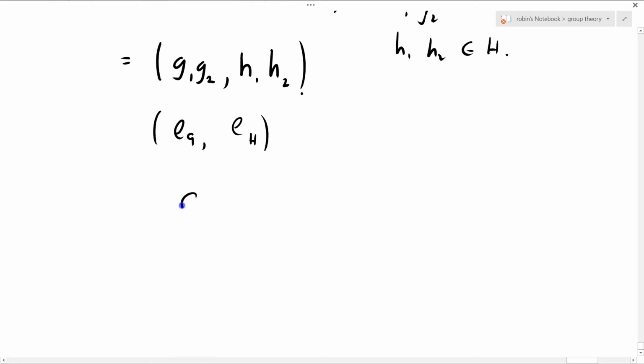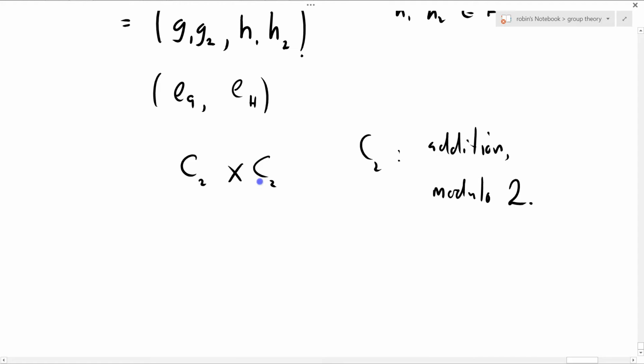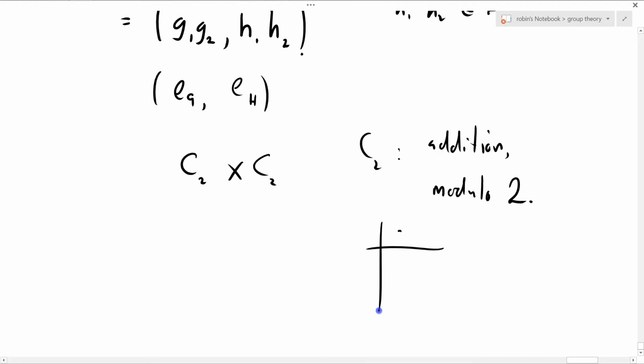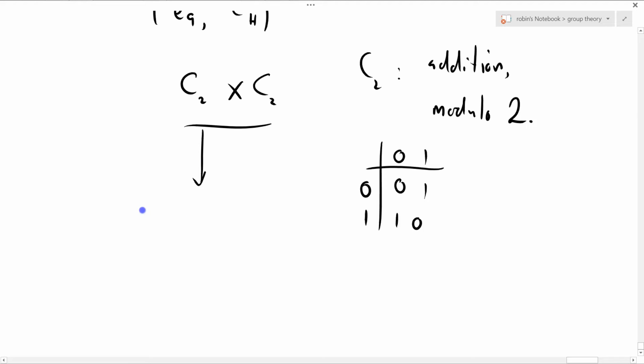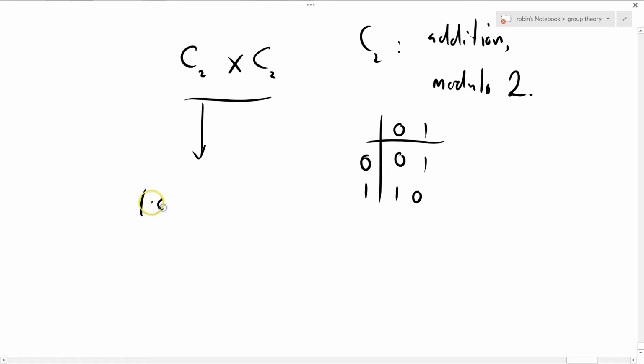I'll give you the simplest non-trivial example: C2 cross C2, where C2 is addition modulo 2. So the operation looks like this: 0, 1, odd and even basically. C2 cross C2 is going to be ordered pairs (x, y), where x is a member of the set {0, 1} and y is a member of the set {0, 1}.